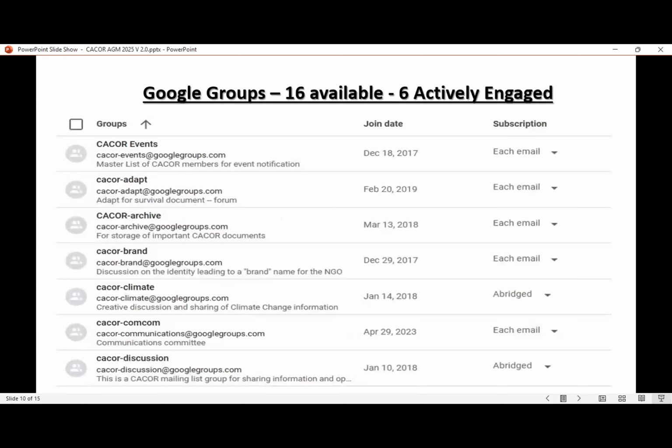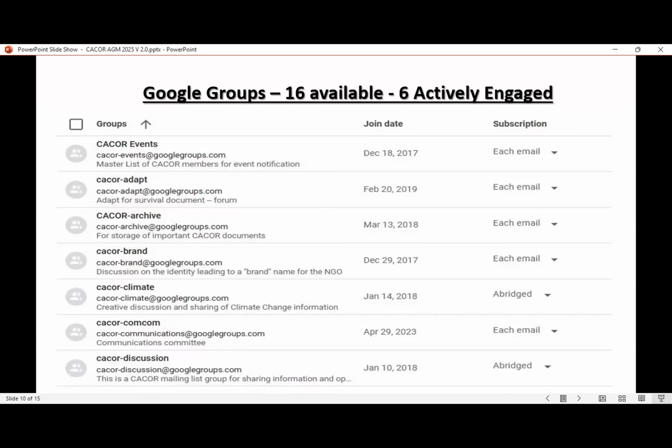Now, Google Groups, we do have them available, and in fact, only 6 are really actively engaged. For example, some that aren't, like Cacor Adapt and Cacor Brand, these things have been active for a period of time, and rather than close them out after they have reached the end of their interest, we've just maintained them.